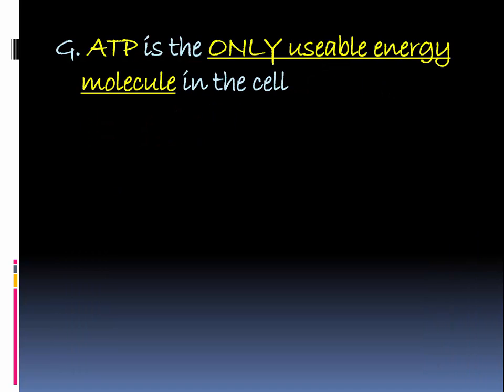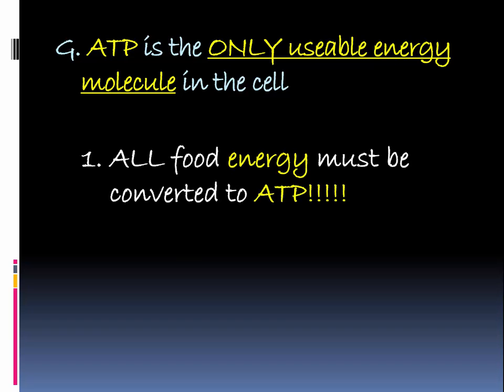So ATP is really the only molecule that is a usable form of energy within our cell. We can eat all the glucose we want, we can eat all the sugars we want, but we're not going to get energy unless our body takes that glucose and makes ATP with it. So all of the food that you eat must be converted to ATP.